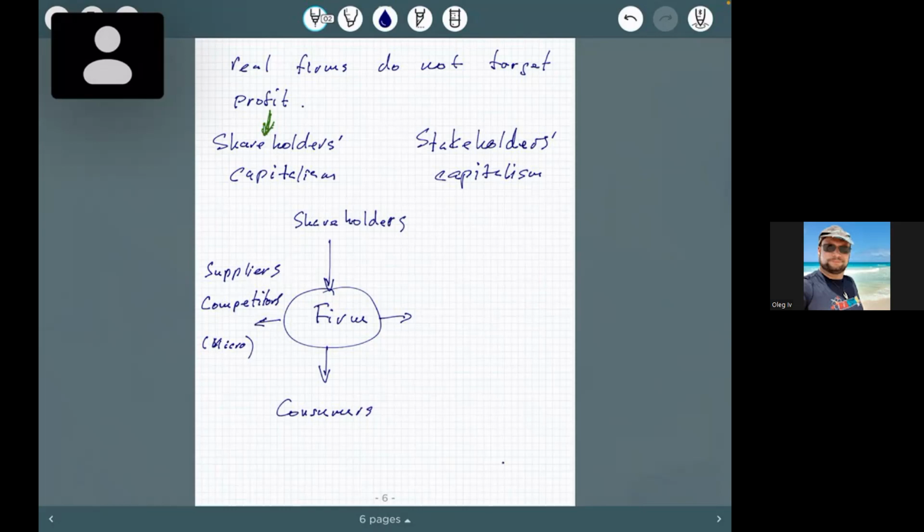And on the other hand, you have macro environment, which is government and society as a whole, which I would also put in the more recent decades environment.